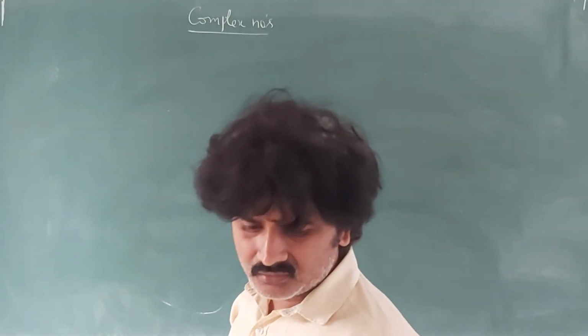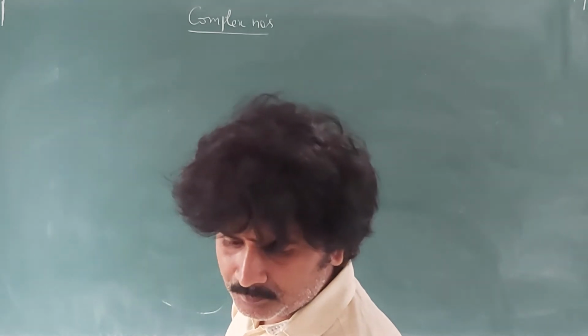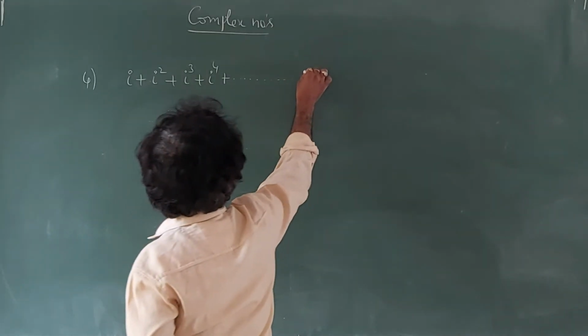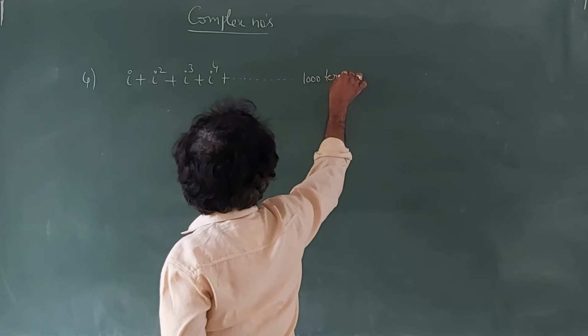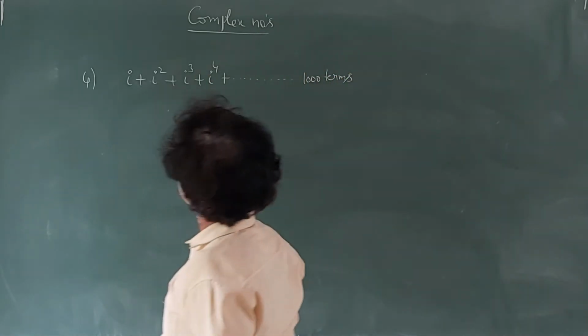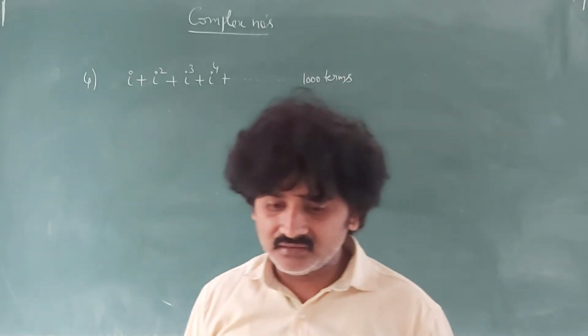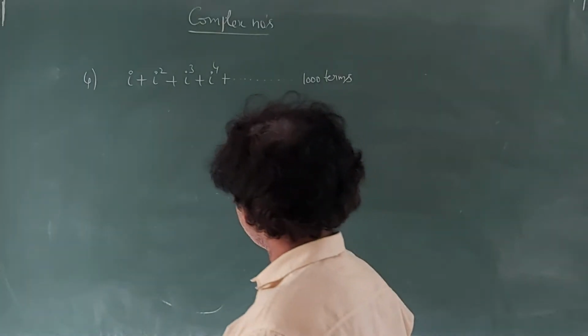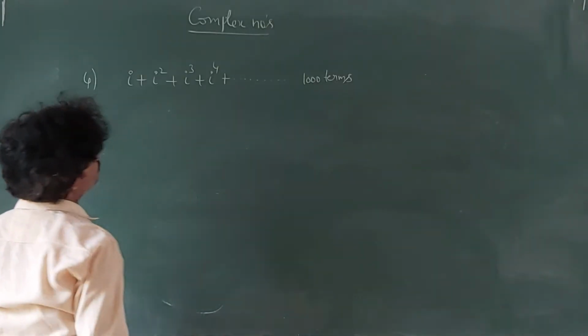The question they gave is i plus i square plus i cube plus, and so on up to 1000 terms, is equal to what? Sum of all these numbers: i plus i square plus i cube plus i power 4, and so on up to 1000 terms. The options are simply answers like 1 or minus 1.